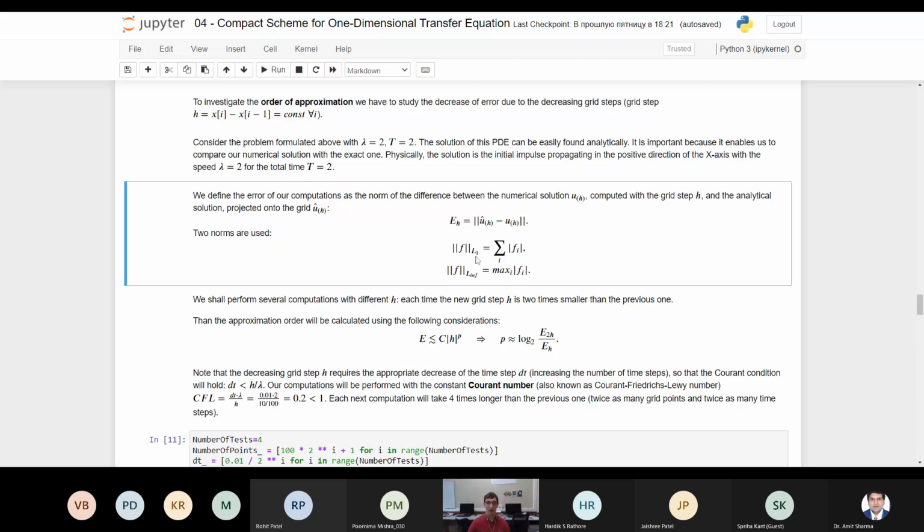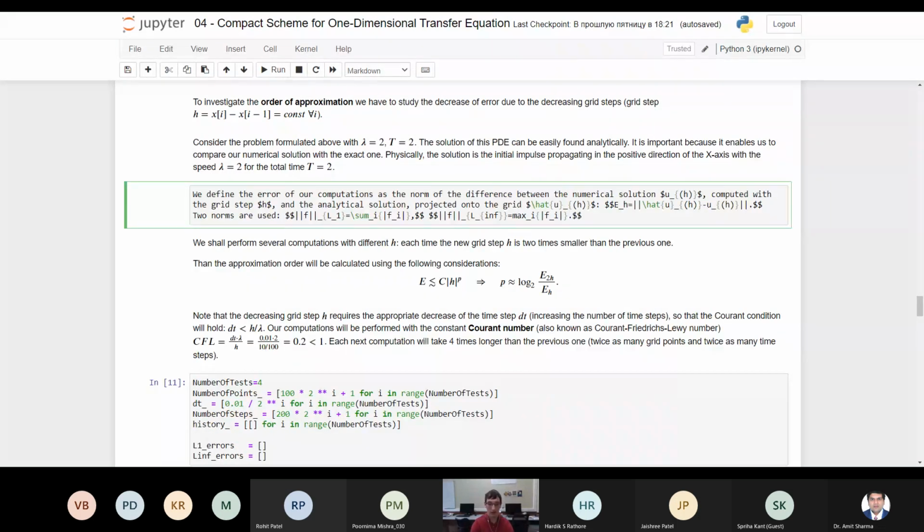So the L1 norm, which is a sum of absolute values, actually multiplied by h. Okay, maybe later we'll fix it.